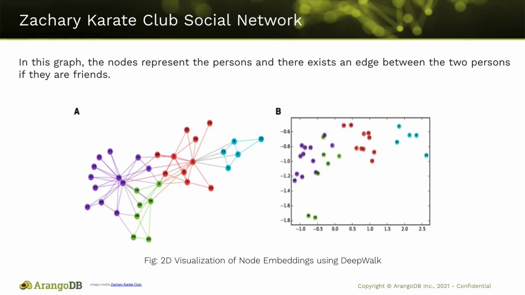For example, if you observe the communities of the people marked as violet and green, which share a close proximity, you will see that after the encoding function is learned, this proximity is also preserved in the 2D space.